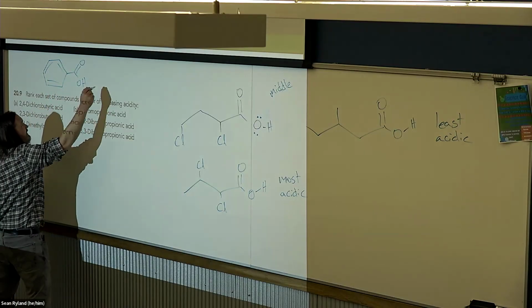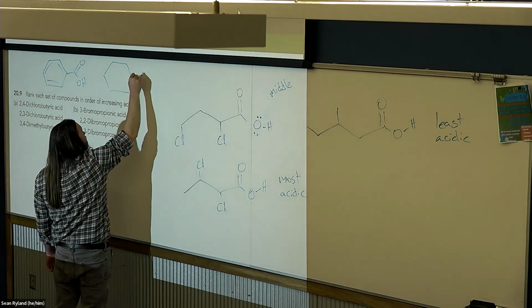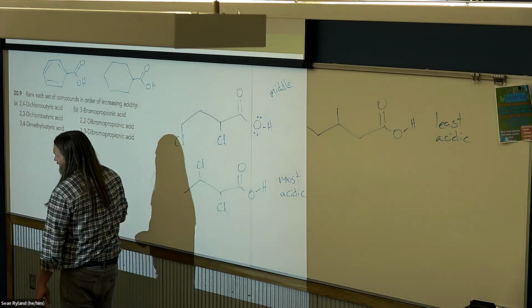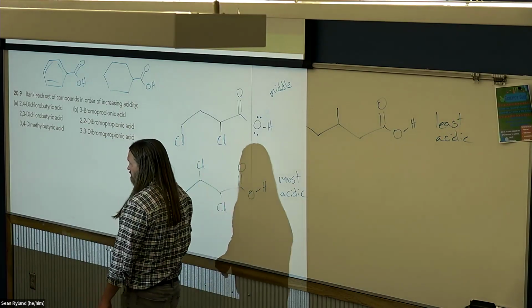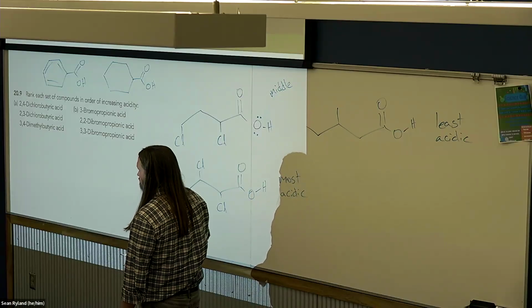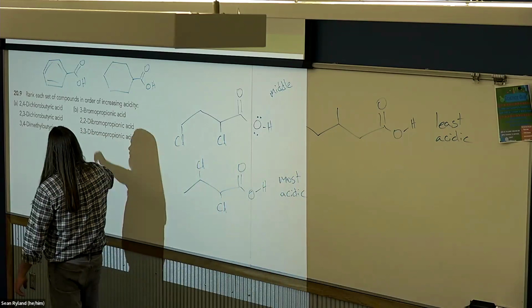So we look at benzoic acid versus cyclohexanoic acid. The benzoic is more acidic because it has more resonance. Because once we pull that hydrogen off, it's going to be more stable.